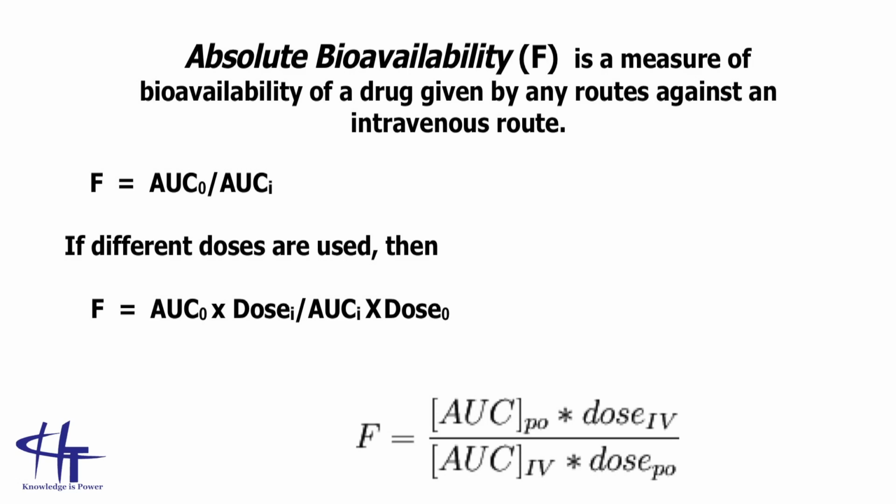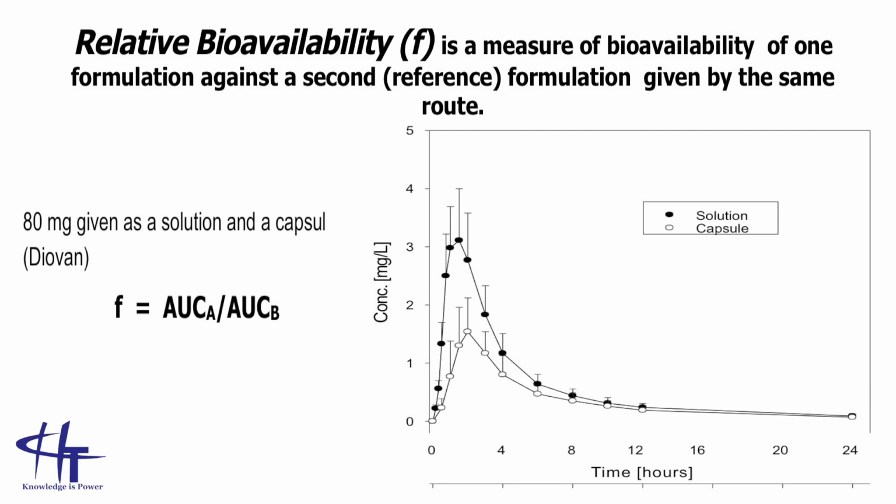Now we have what we refer to as the relative bioavailability. And with relative bioavailability, it is denoted by small letter f, and it is basically that you have two formulations, and you're comparing them, but they have to be given by the same route.